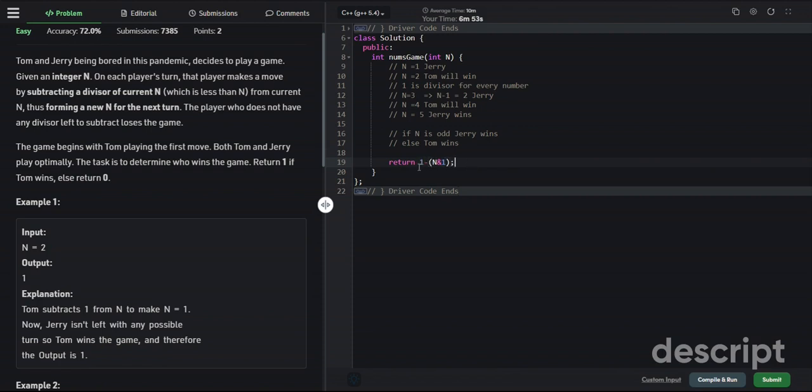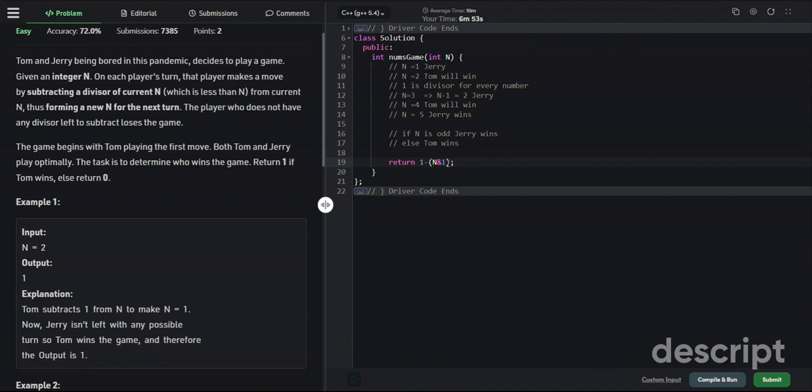Why 1 minus? Because if n is even, we need to return true, that is 1. So if it is even, n and 1 becomes 0, and 1 minus 0 will be 1. And if n and 1 is odd, that is n is odd, then 1 minus 1 will become 0. So this basically is inverted.